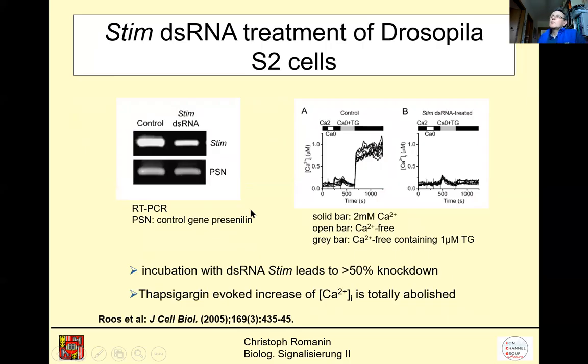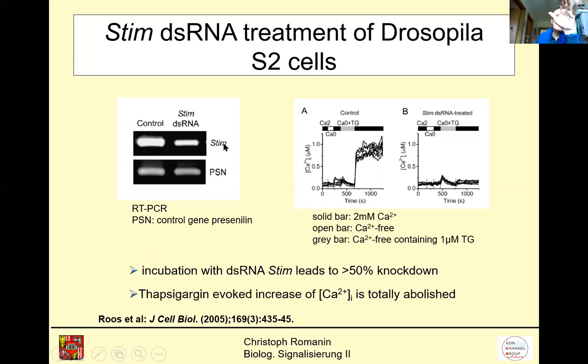So actually, there was a protein that had been known before, and the protein is called STIM, stromal interaction molecule. You can see here, they checked at the level of RNA of STIM, because at that time there were no antibodies available against STIM protein.